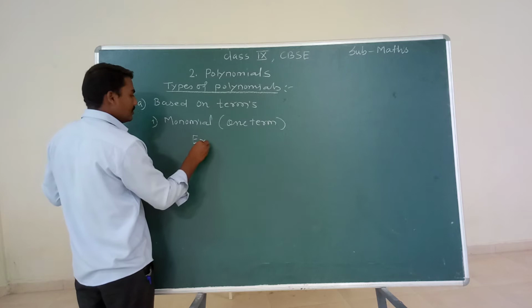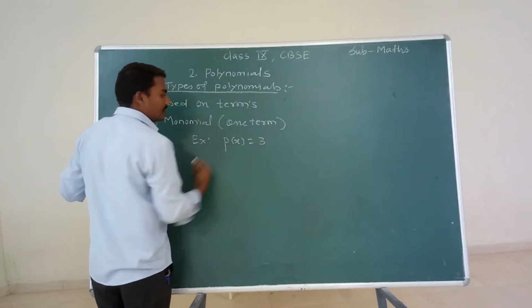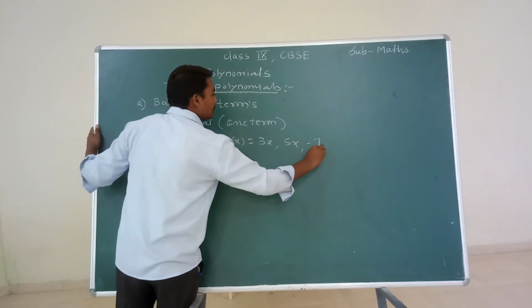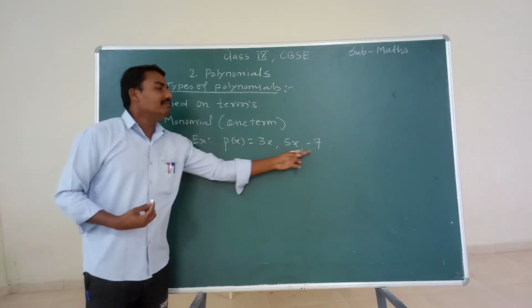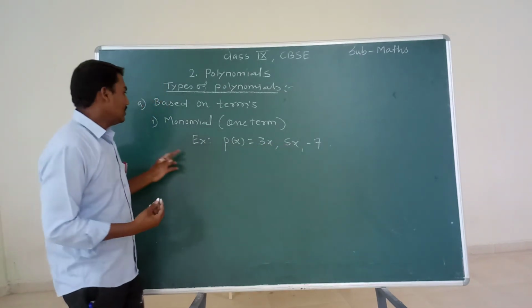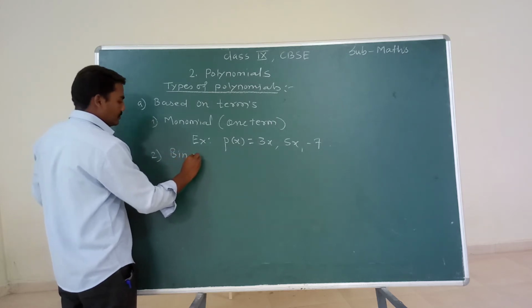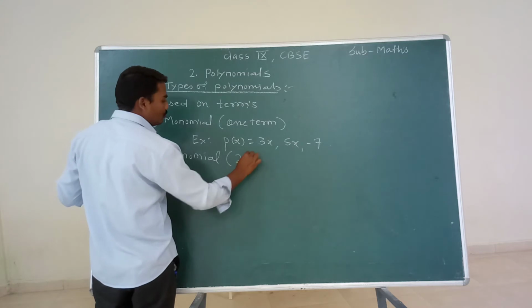Example, suppose p of x is equal to 3x, 5x minus 7. These are the monomials, means only one term. It has only one term. Now second, binomial. Binomial means has two terms.